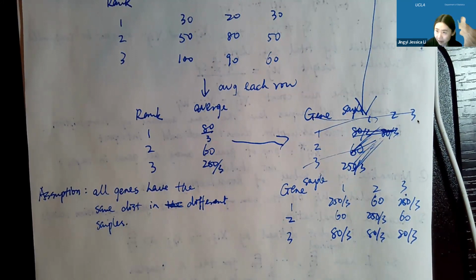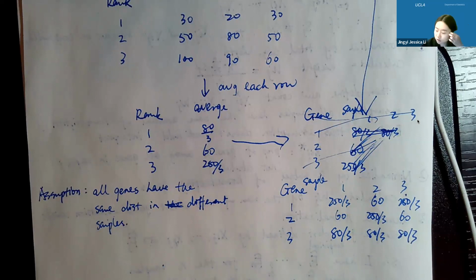So I would say it may make sense when you are dealing with replicates, right? In replicates, you believe that the overall distribution should be the same, but it may not always apply. For example, in the previous example, some samples are from a silent state and some from an active state, then it doesn't make sense to assume that the overall distribution is the same between the two states. So that's the limitation of quantile normalization.